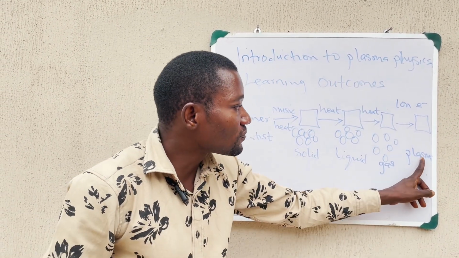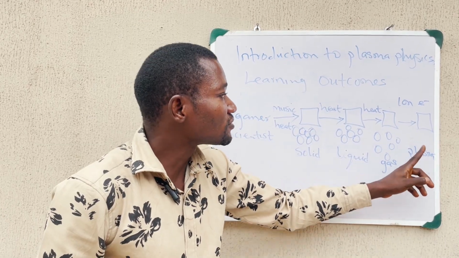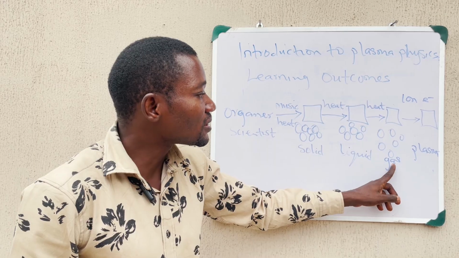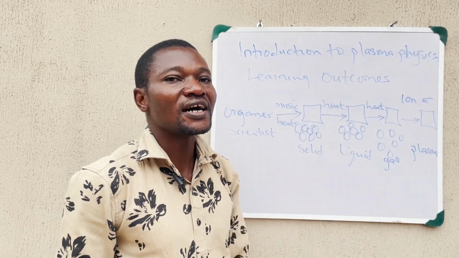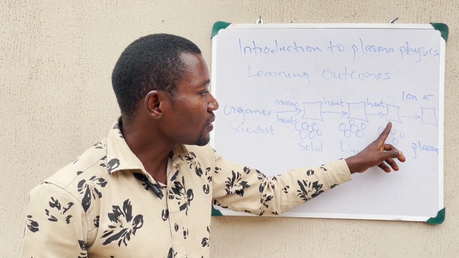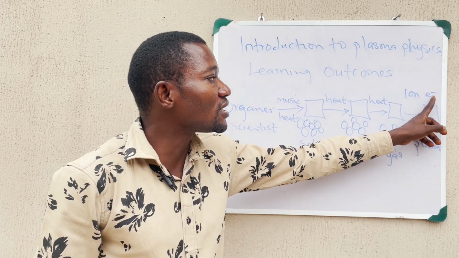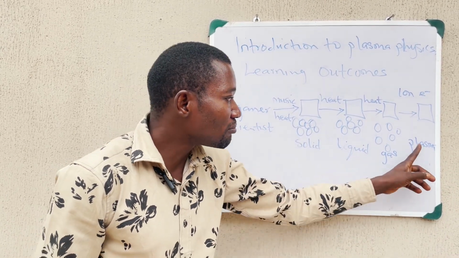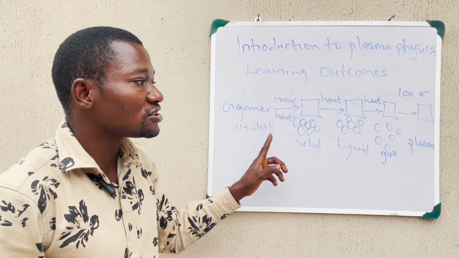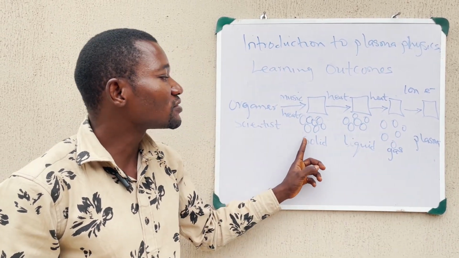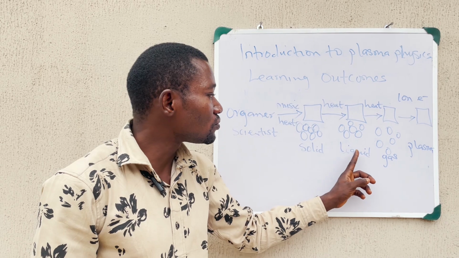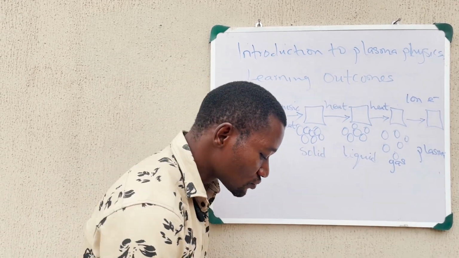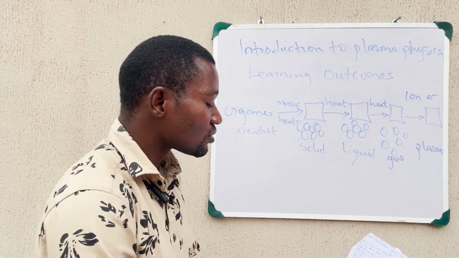This fourth state of matter, which we call plasma, is obtained when a gas is heated to a very high temperature, ionizing the molecules of the gas into ions and electrons. So with this analogy, we can understand the various transitions from solid to liquid, liquid to gas, and gas finally to plasma. Plasma is the fourth state of matter.